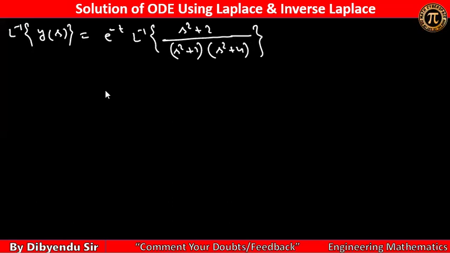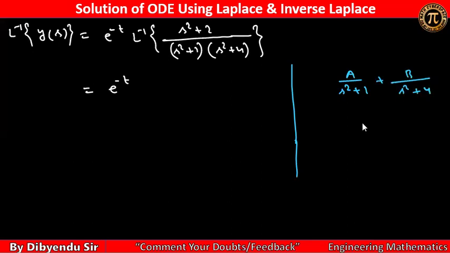Okay, so this is equal to e to the power minus t. Now partial fraction, so we can write it in this form: s square plus 1 and s square plus 4. That means A by s square plus 1 plus B by s square plus 4.